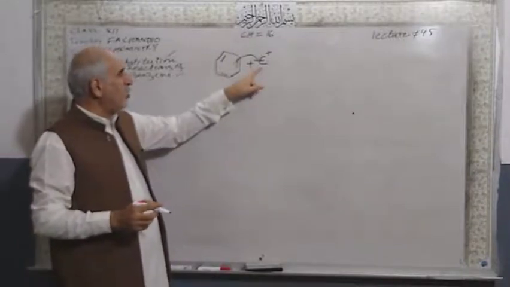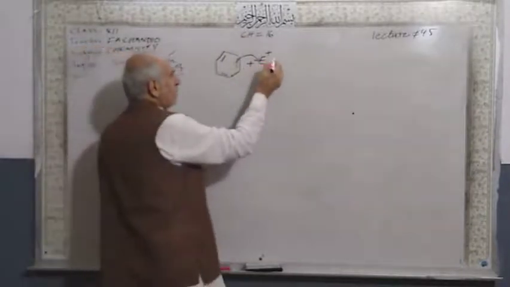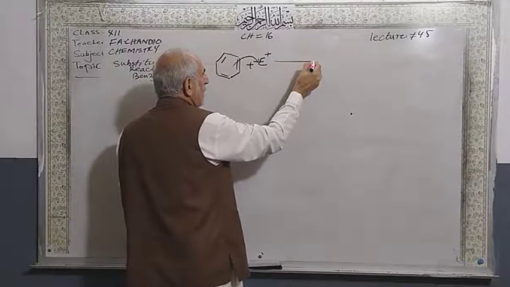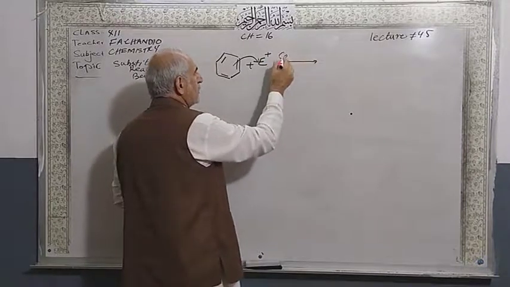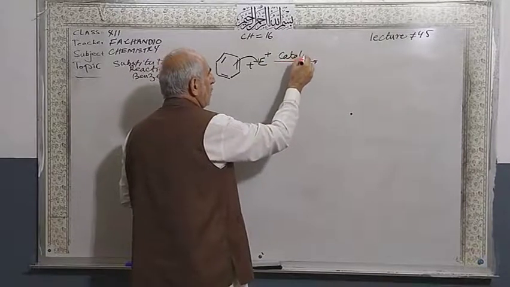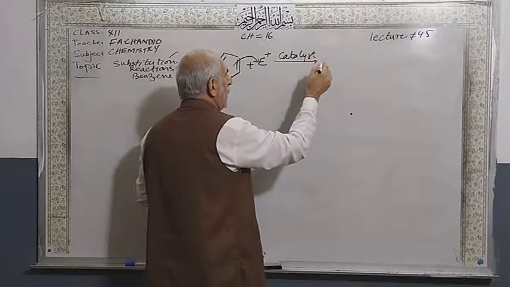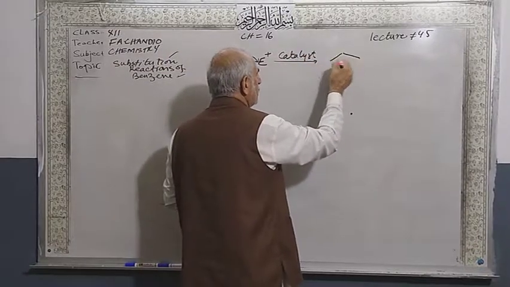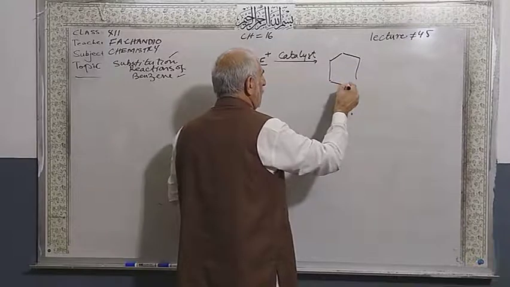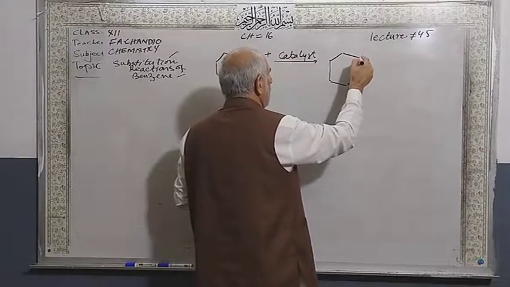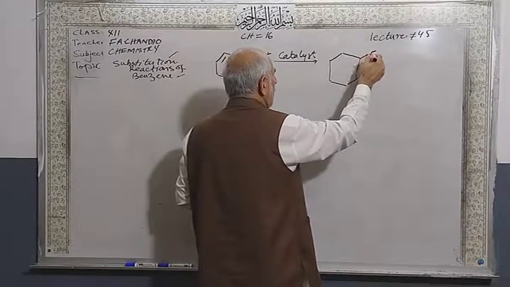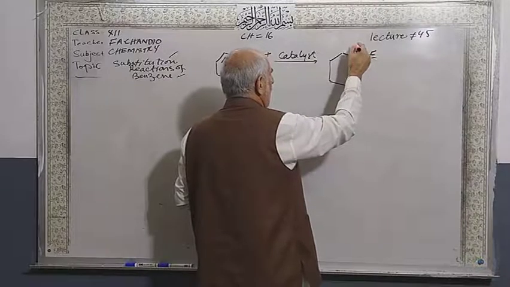The pi electrons are going to attack the electrophile here, in the presence of a catalyst. Then what happens?